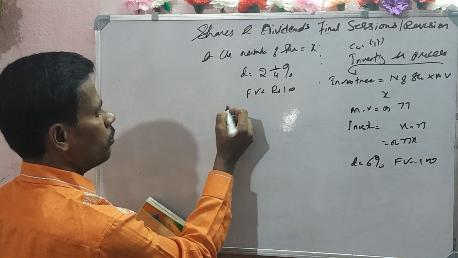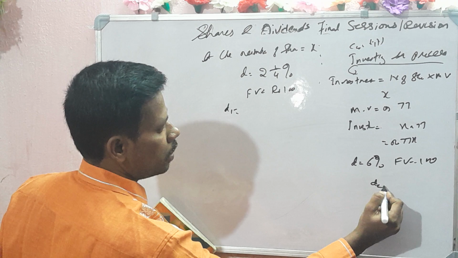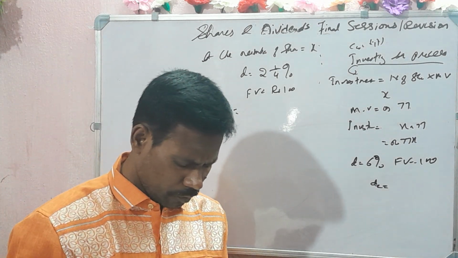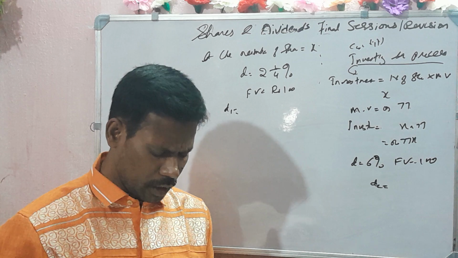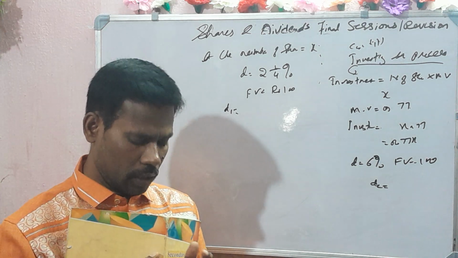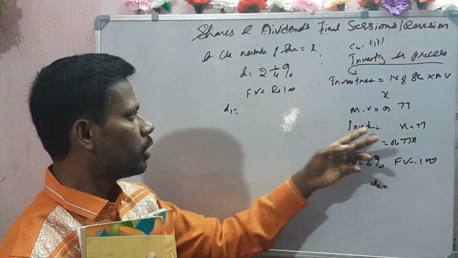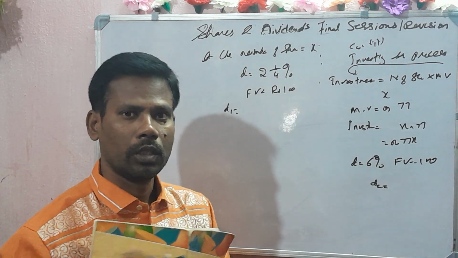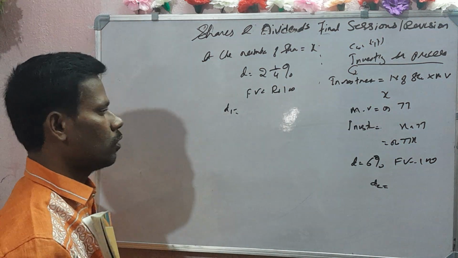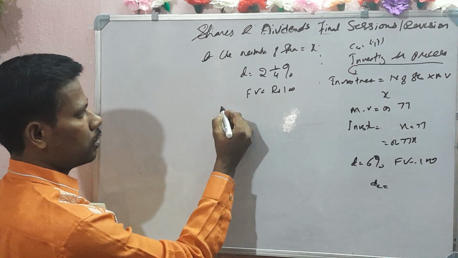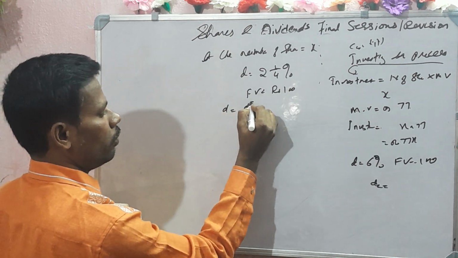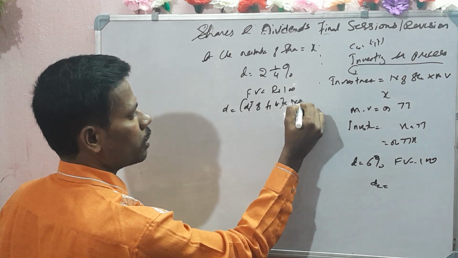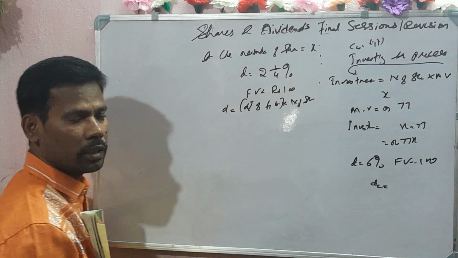You will get dividend from this, D1, and you will get dividend from this, D2. A person increased his income by rupees 170. Increased his income means there is a difference between the first dividend and the second dividend. So here the main formula is dividend percentage of face value into number of shares, right?